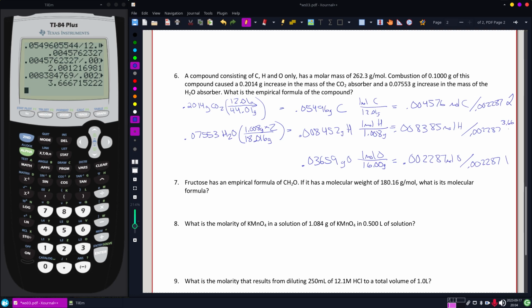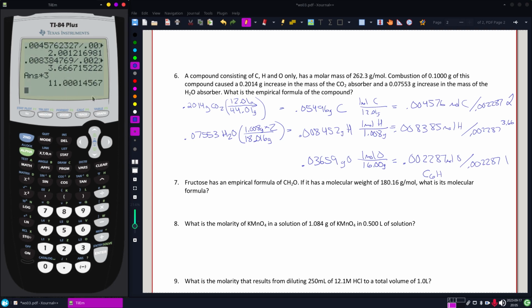And that'll be 1. To get rid of that third, I'm going to multiply all these by 3. So that is C6H11O3. Now that's an empirical formula.